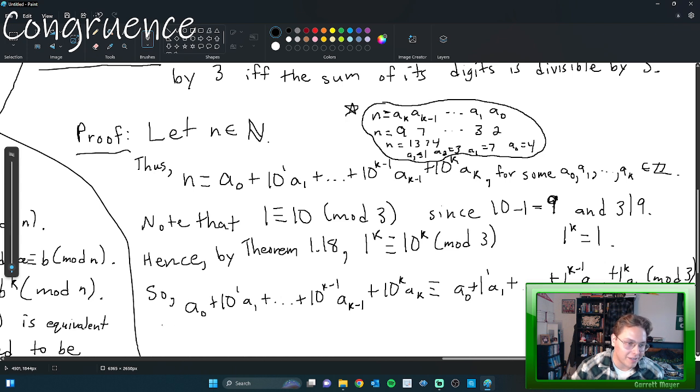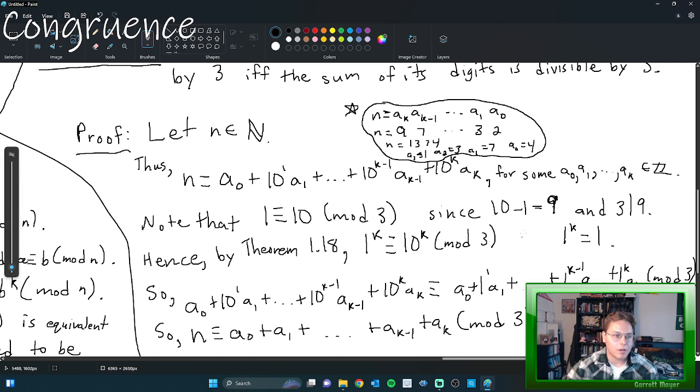So what this basically means is that n is congruent to a0 plus a1 plus dot dot dot plus ak minus 1 plus ak mod 3.